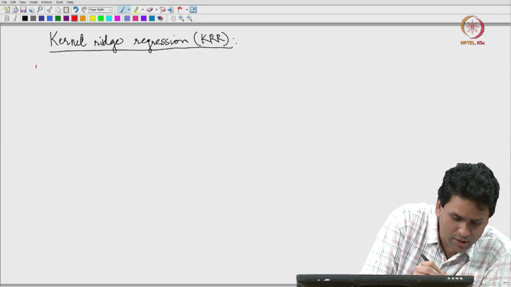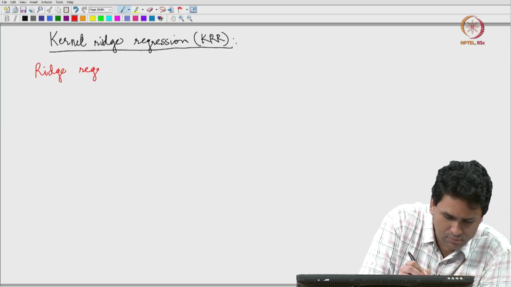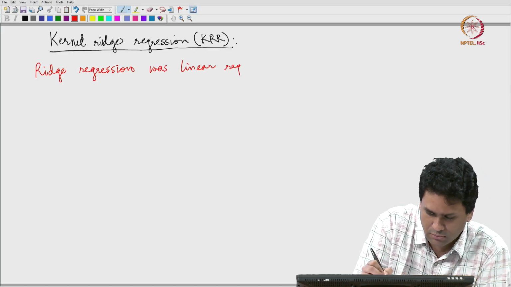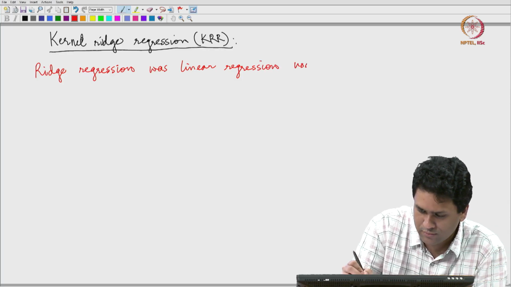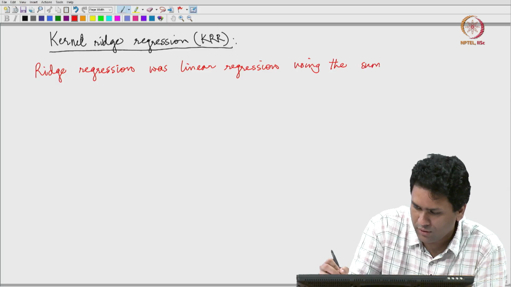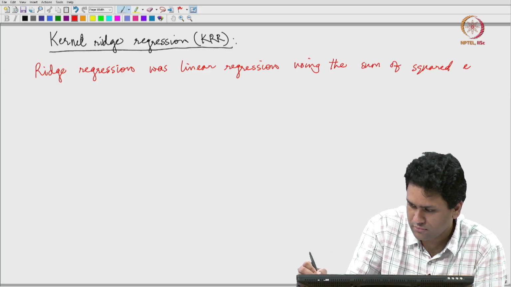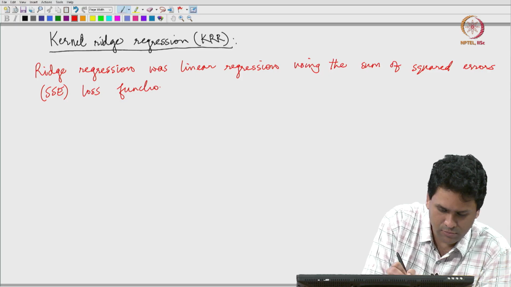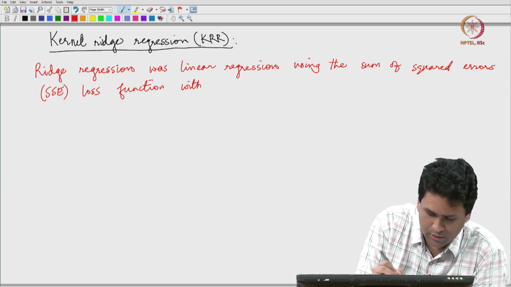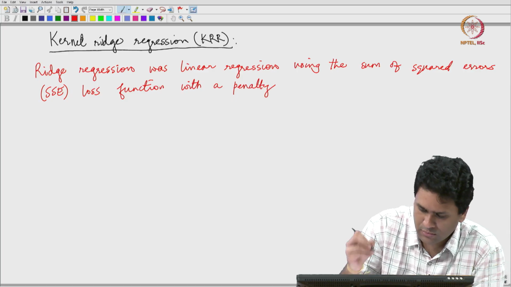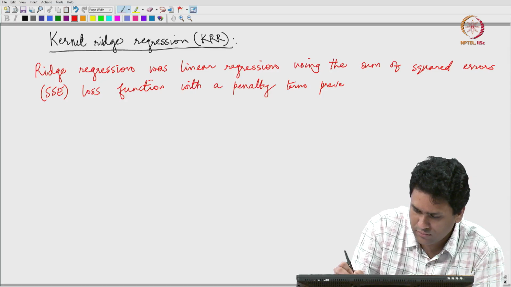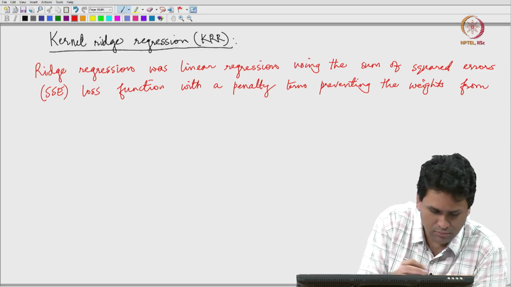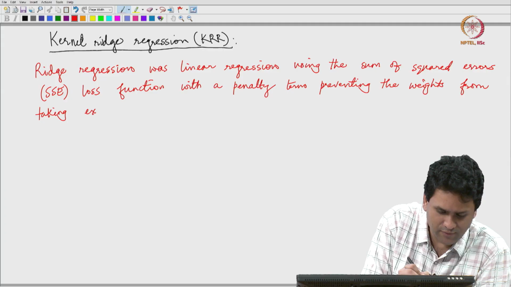If you recall, ridge regression was essentially linear regression using the sum of squared errors, SSE loss function, with a penalty term preventing the weights from taking excessively high values.